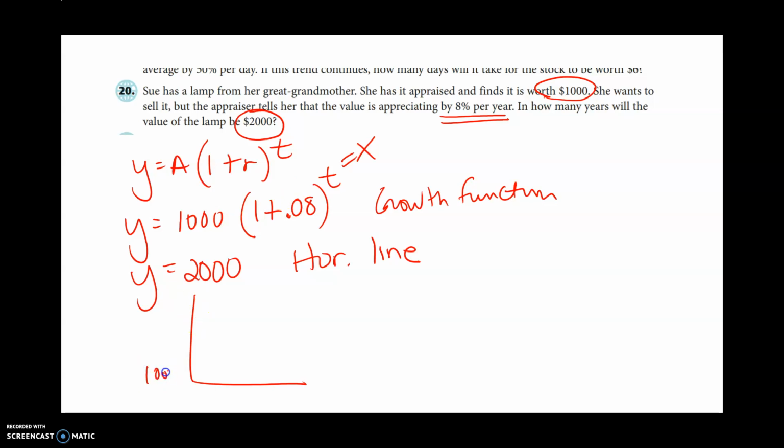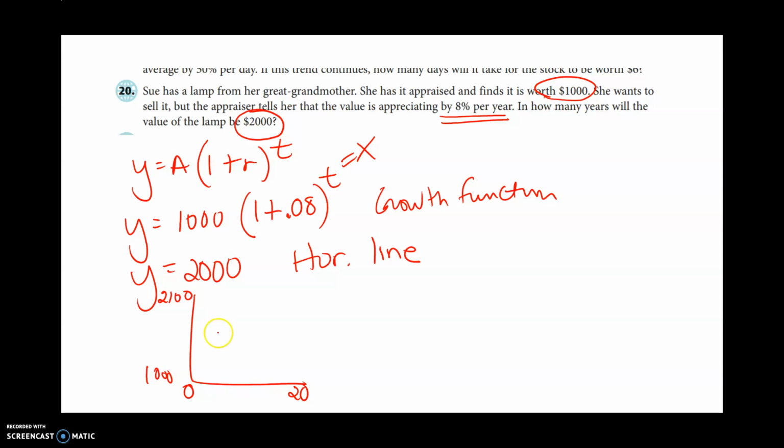So I'm going to say, let's take y from 1,000 to just a little bit above 2,000. And then for x, I'm just going to use 0 to 20 because I'm really not sure what it should be, but I'm going to try 20. All right, so my y min is 1,000, my y max is 2,100.